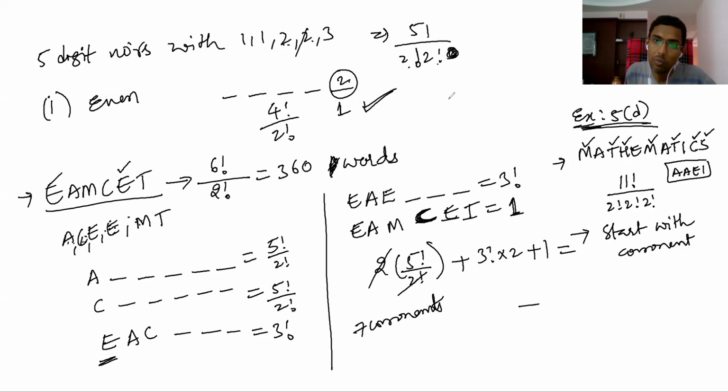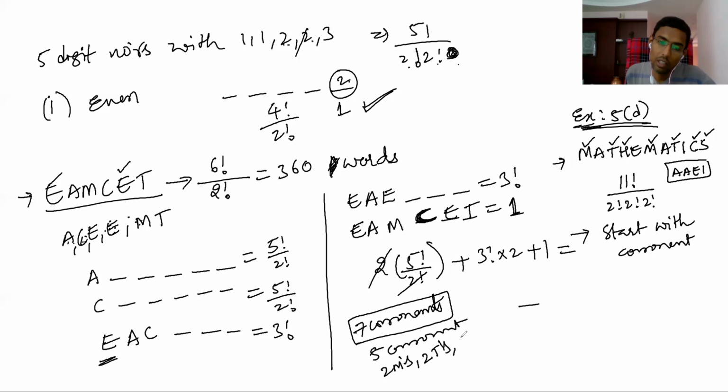But here 2 M's are there and 2 T's are there. So out of 7 consonants, only 5 distinct consonants are there: M, T, H, C, S, with 2 M's and 2 T's.